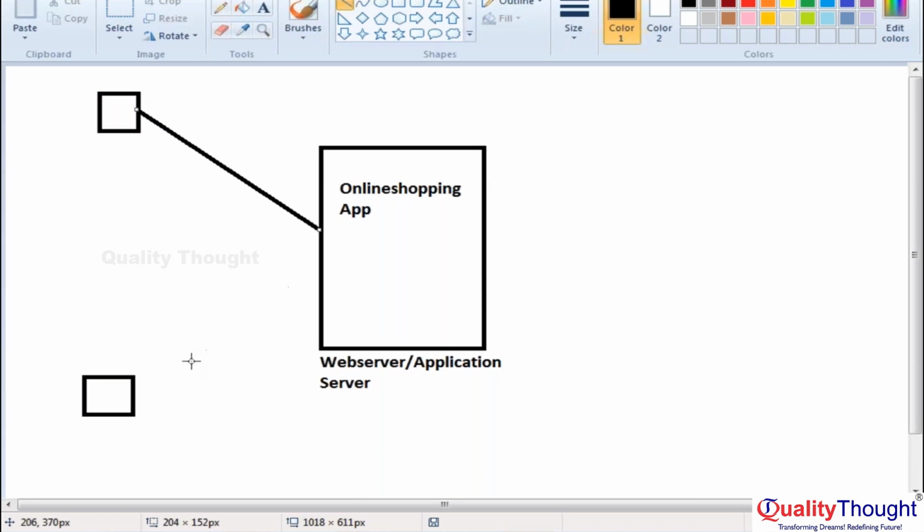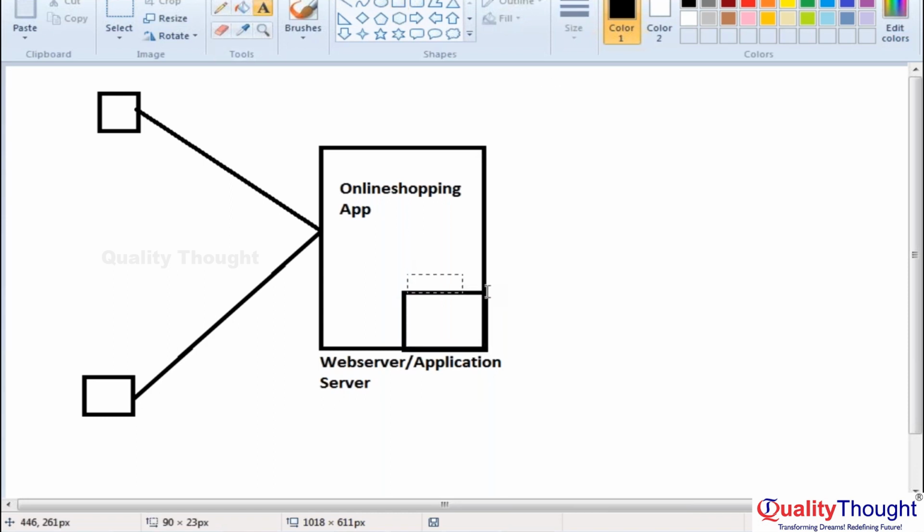So now many people are connecting to this server and they are doing transactions, buying items, buying electronic goods, buying home needs, any items. They are doing shopping through this online shopping application. So for every transaction, it generates logs in the web server.